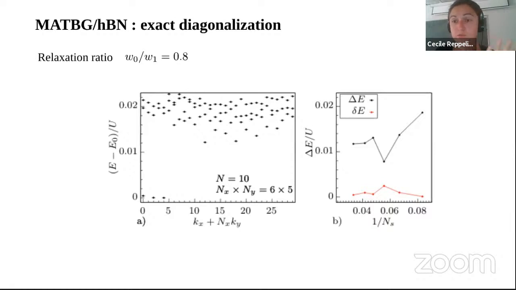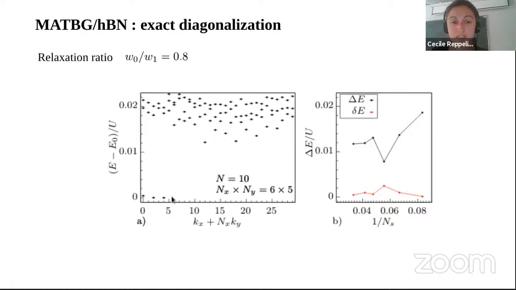Even before showing those spectra, I should say that the ground state, when we look at all the spin sectors, because spin is a conserved quantum number so we can look at the energy spectrum per total spin value, is the spin polarized one, the one with the lowest energy. So we get a fully spin polarized state. And in this sector, this is the energy spectrum that we get.